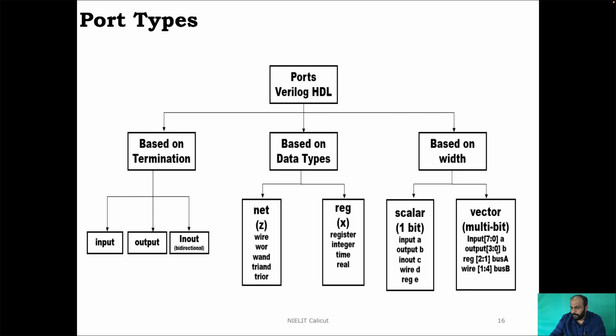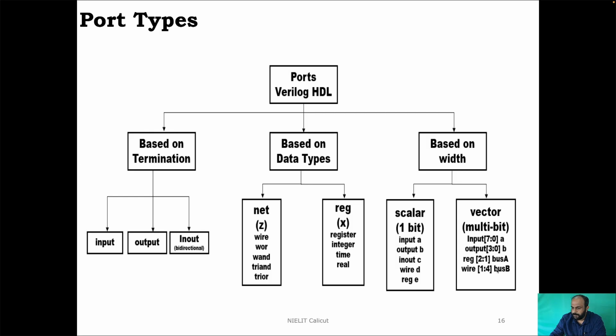Similarly, the port B is an output port which can accommodate 4 bits of information. Bus A is another port of type register and it can accommodate 2 bits of information. Bus B is another port which can accommodate 4 bits of information.